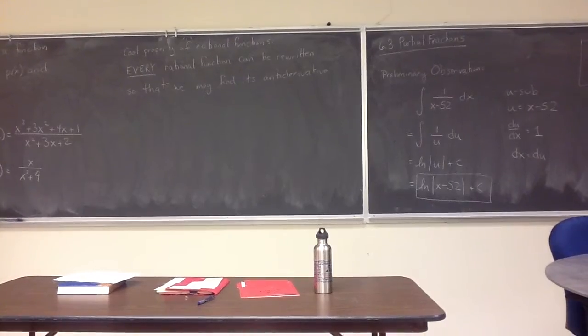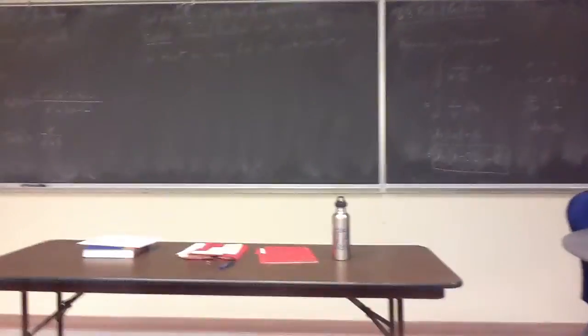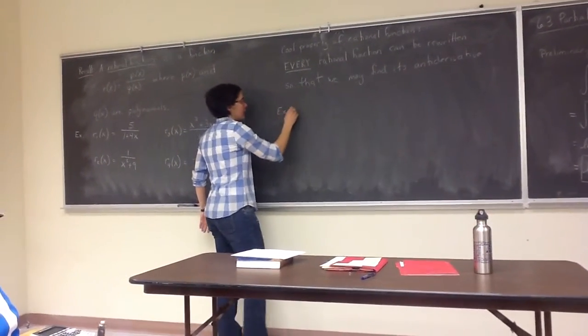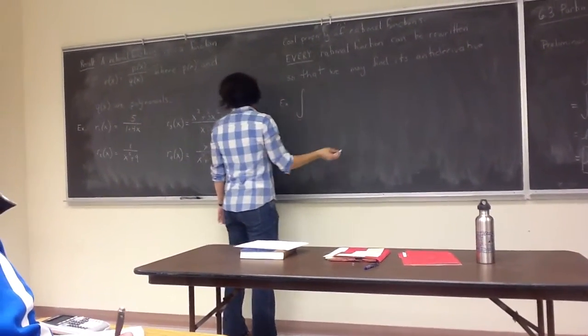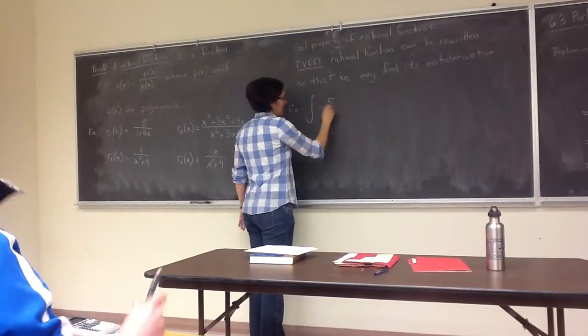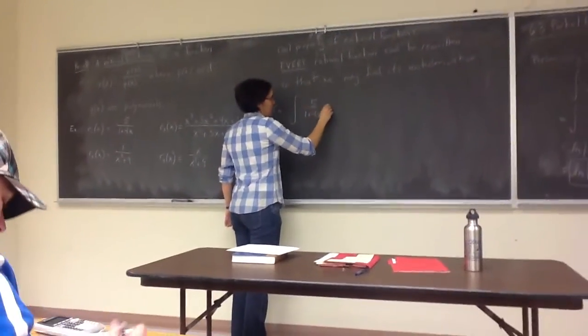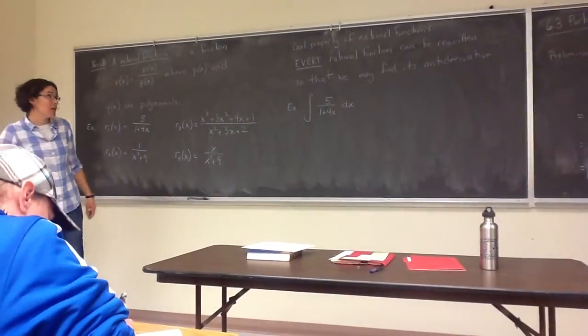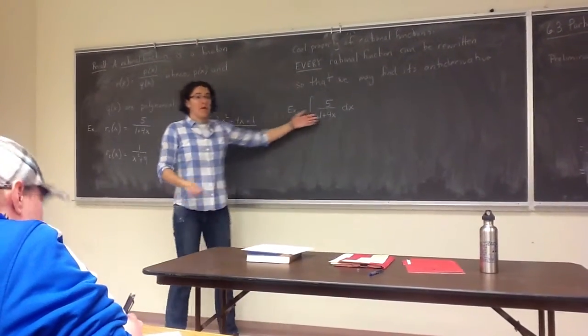All right, so if I go back over to these examples, maybe I look at the very first one. If I want to calculate the integral of 5 over 1 plus 4x dx, I'd look at this one and say, okay, what am I going to do with this?